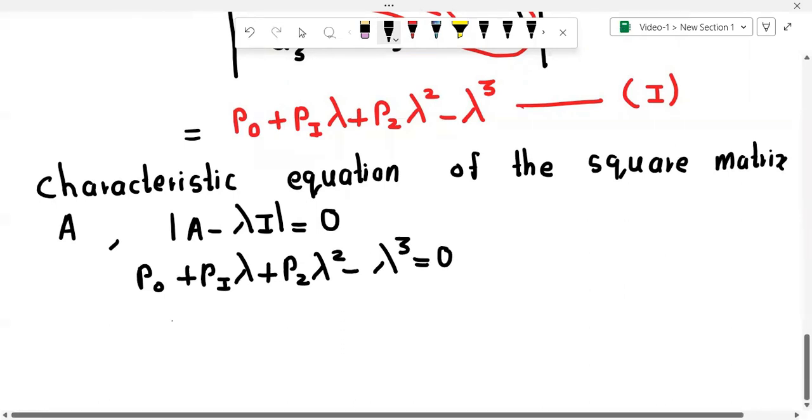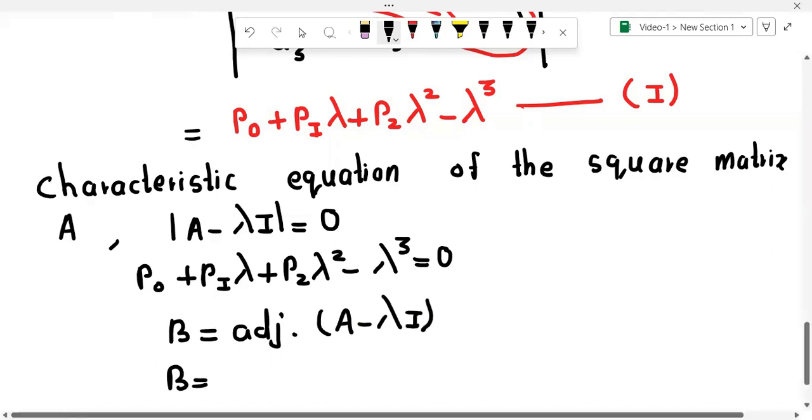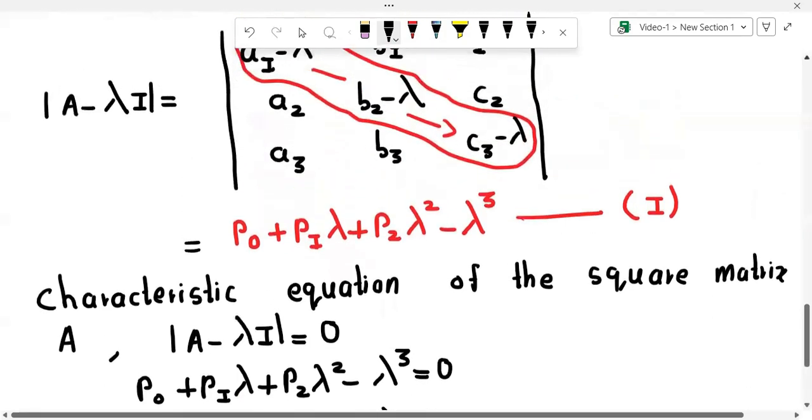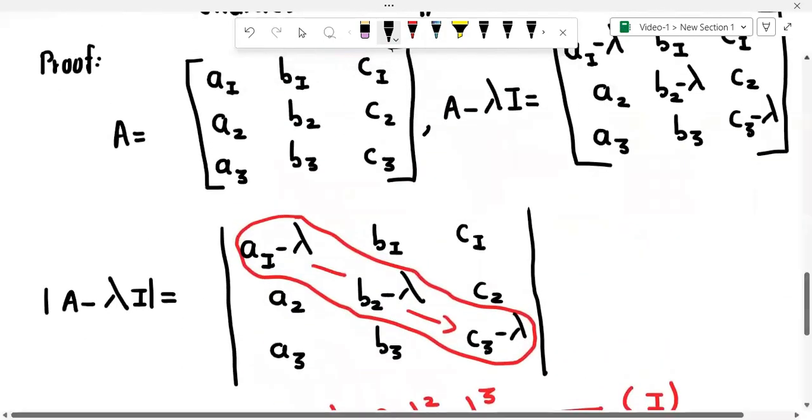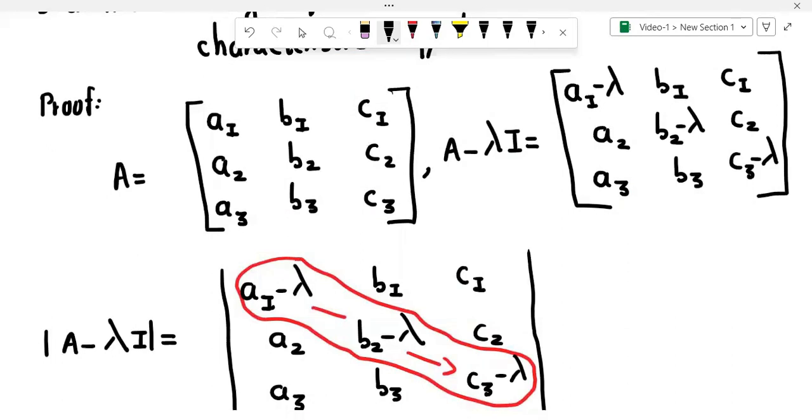Now, we'll define another matrix B as the adjoint matrix of A minus lambda I. Since A minus lambda I is the matrix shown here, all the elements of the adjoint of this matrix can be expressed as a polynomial in lambda, and the highest degree of the polynomial will be just 2.